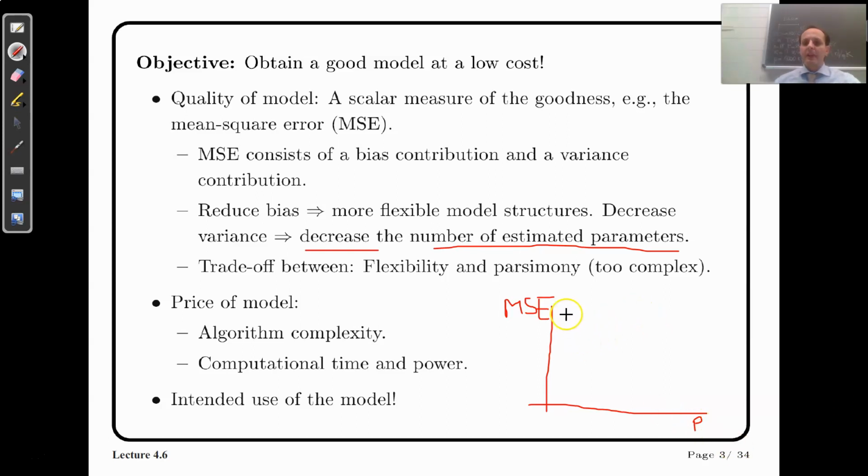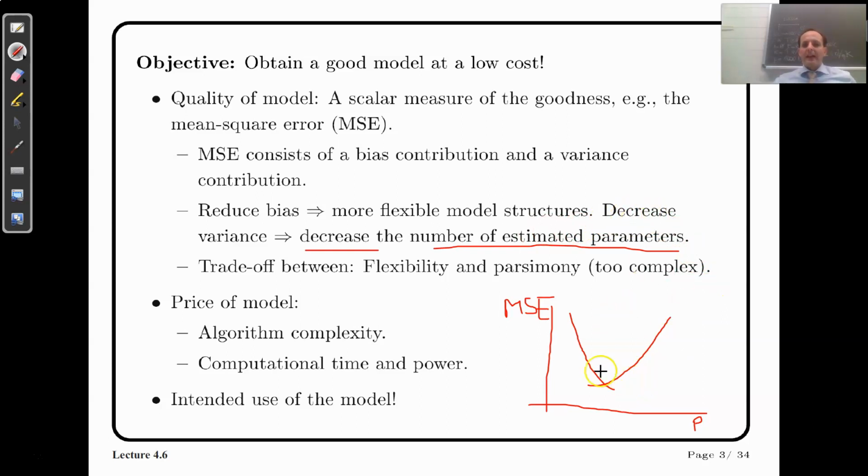So this index increases when the number of parameters is reduced, because it means that the model is not suitable to describe our process. On the other hand, you have a second contribution to this function, because when you increase the number of parameters, you have an increase of the variance.